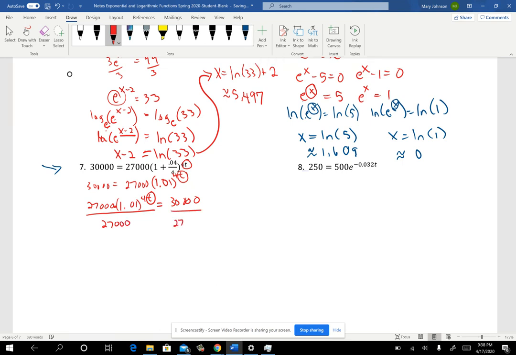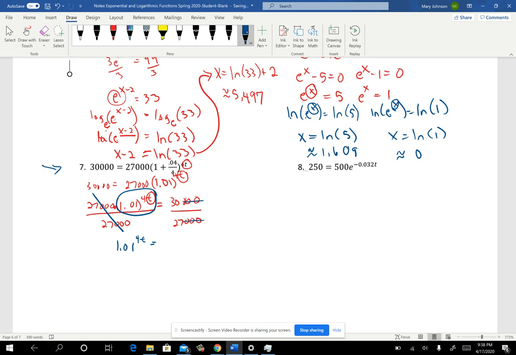We have to do it on both sides. The reason we're doing that is we need the exponential isolated before we do any kind of log. So this would be gone, and that would give us 1.01 raised to the 4t power. And then we would do the 30,000 divided by 27.